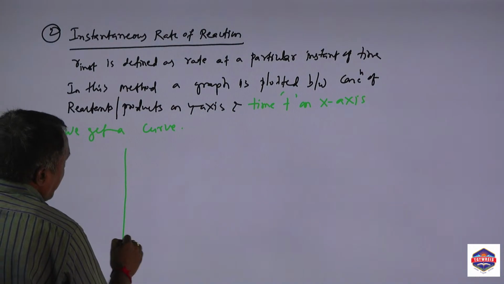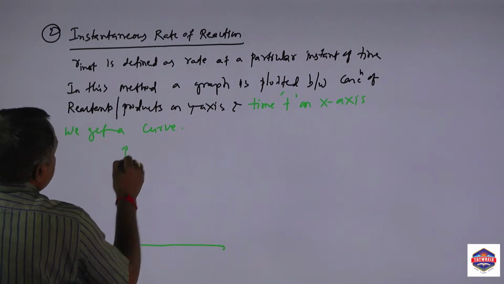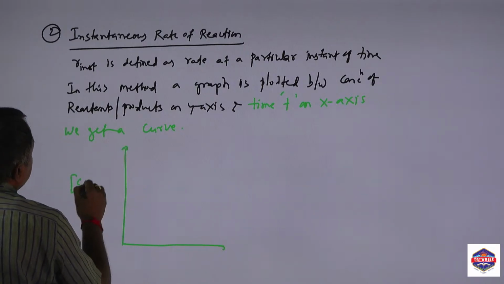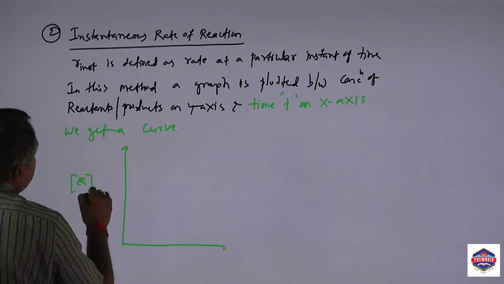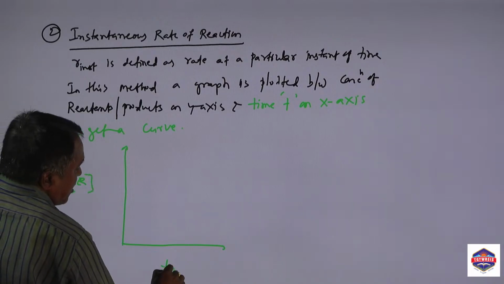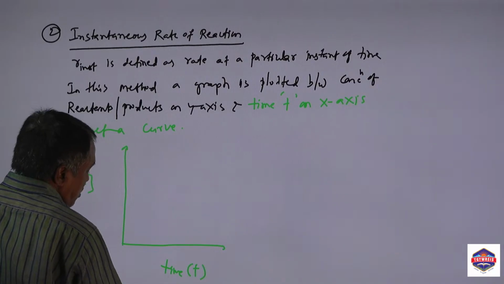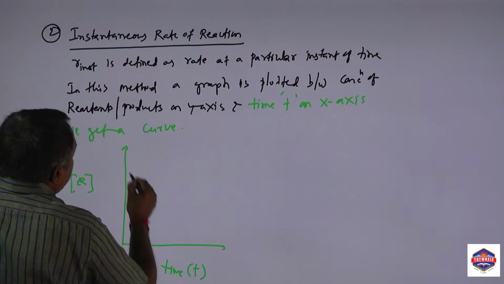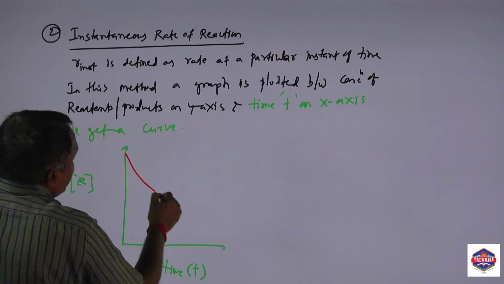This is the y-axis, this is the x-axis. We take the concentration of reactant on the y-axis and time t on the x-axis. So now you will get a curve like this.